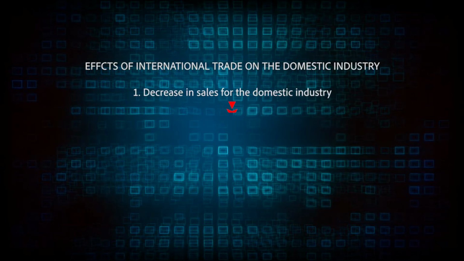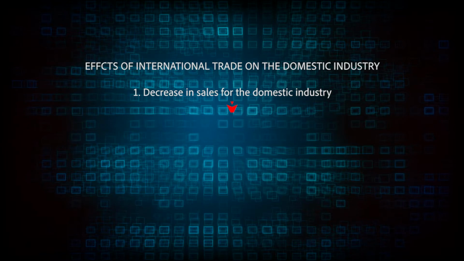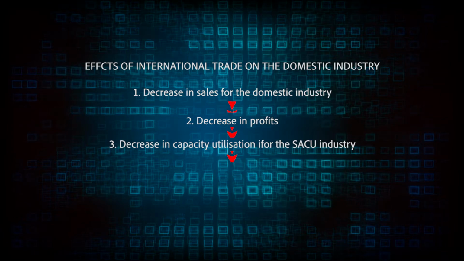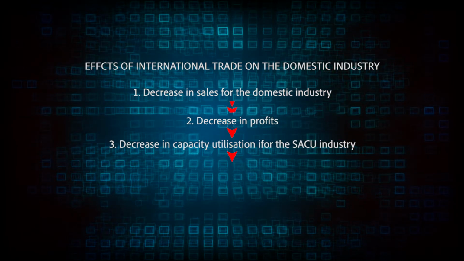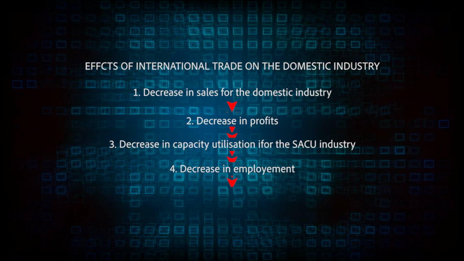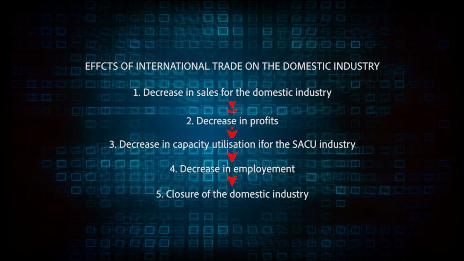When looking at injury to the SACU industry, this is after intensive investigation, which takes a long time, as I've indicated. The effect has to be linked to the sudden surge in imports, and it normally manifests in a decrease in sales for the domestic industry, decrease in profit, decrease in capacity utilization for the SACU industry, and decrease in employment.